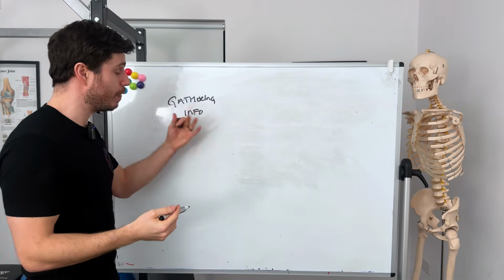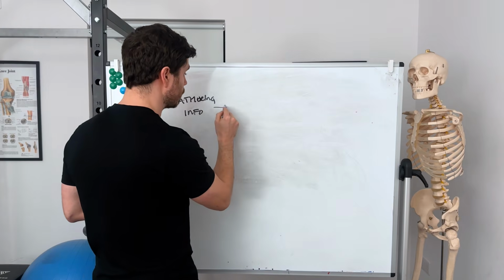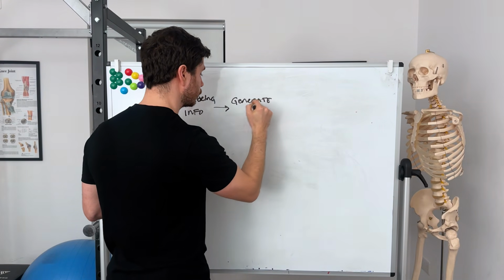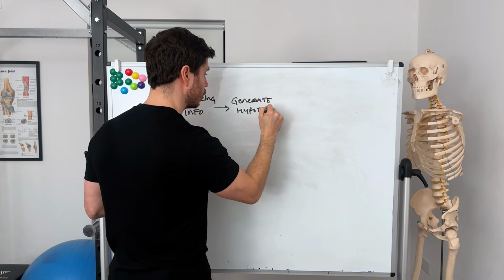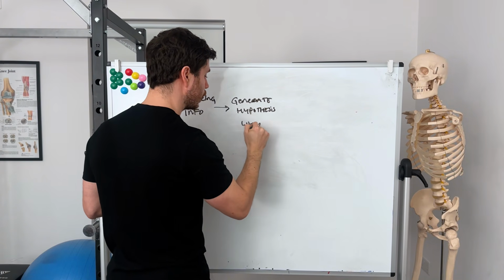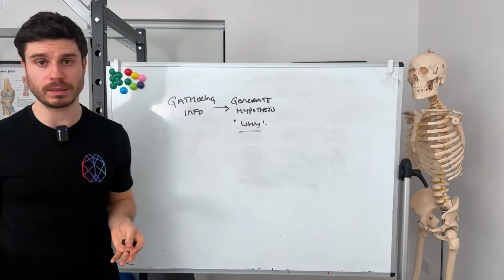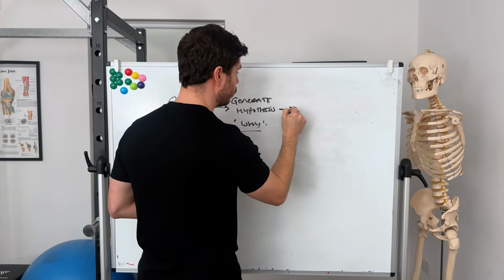And then, as a result of the information that we gather, we need to generate a hypothesis: why are they experiencing pain with that aggravating task? And then we need to intervene in some way.